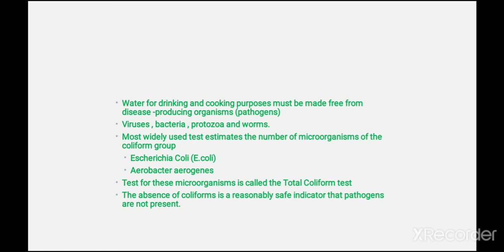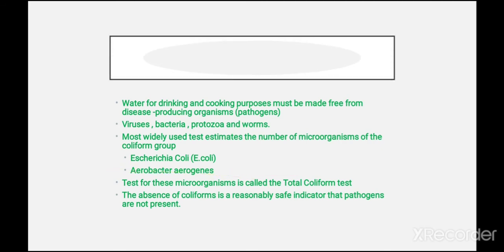It can be viruses, bacteria, protozoa, phytoplanktons, zooplanktons, worms, insects, etc. We generally talk about microorganisms which are not visible to the naked eye, examples like bacteria, protozoa, and phytoplanktons.